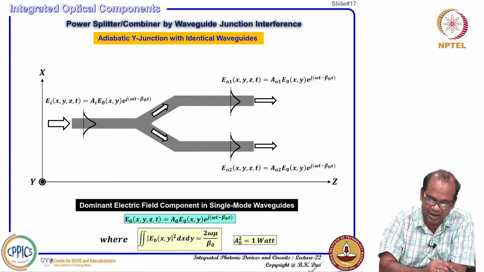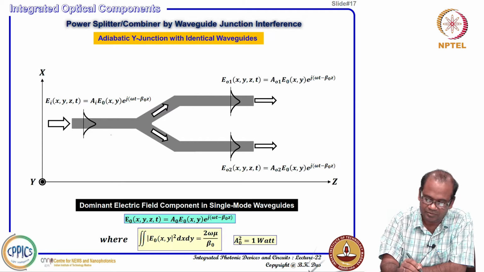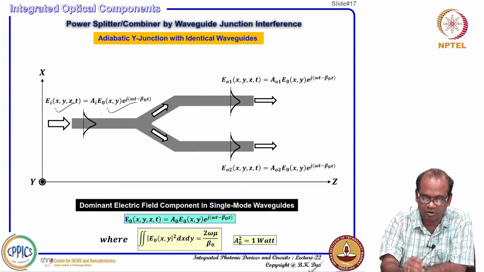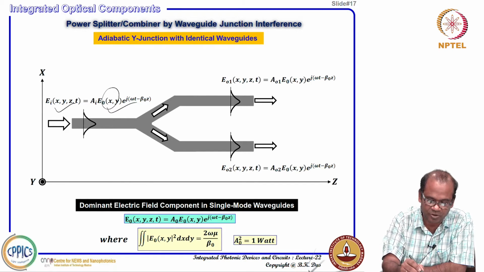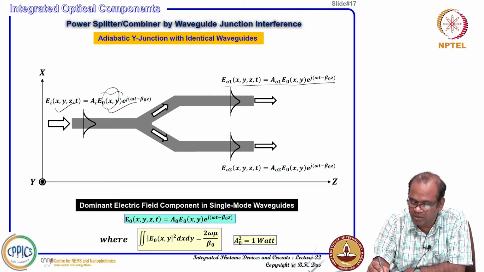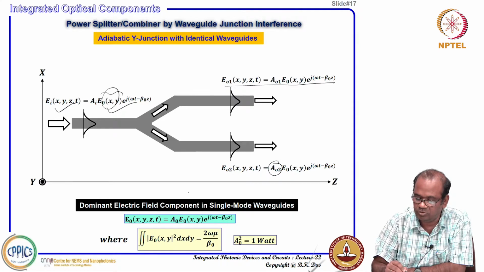So, again I come back to basics. The input waveguide field distribution, if you represent it like A_I, E naught xy, this is the field distribution in the xy dimension. You should always keep in mind that the field distribution is there. And here the outputs have amplitude A_O1, output amplitude 1, and output amplitude 2.